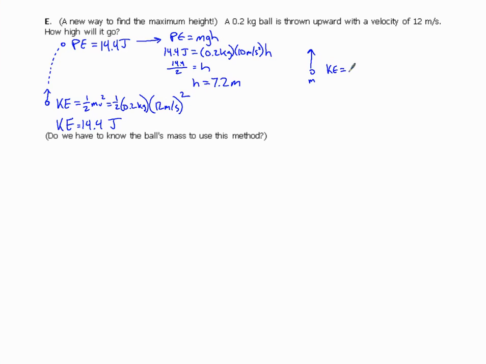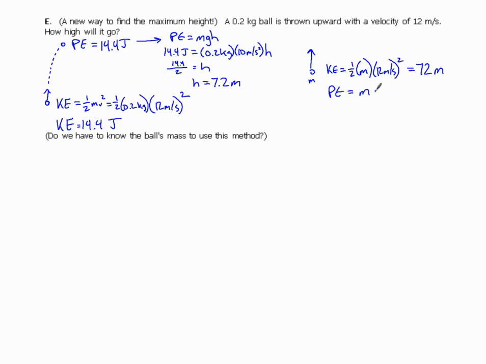Kinetic energy initially, 1/2 times M. We're pretending like I don't know the mass. And 12 meters per second, quantity squared. And the kinetic energy is going to be 72 times M, 72 times the mass.